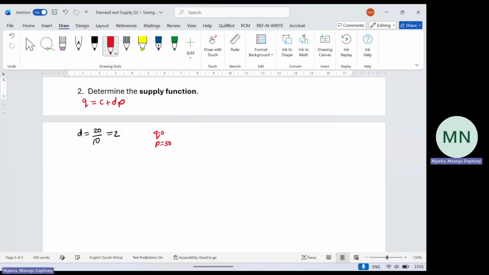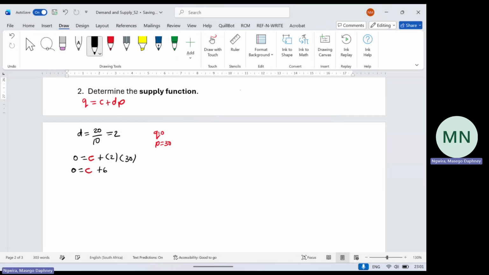We're going to substitute into this. So we are going to have 0 is equals to C, because we have to look for C, and then this will be plus, our D is 2, and then our price is 30.